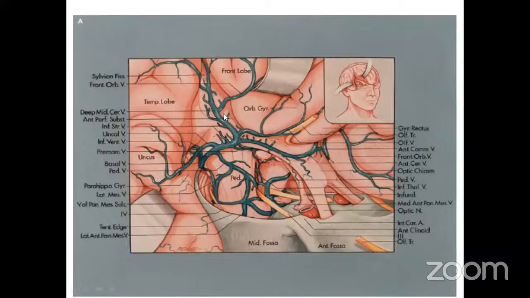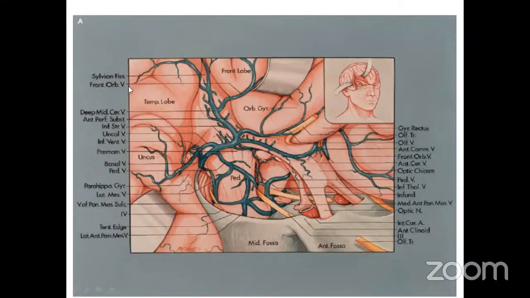Anterior cerebral vein and deep middle cerebral vein join to form the basal vein. The two anterior cerebral veins are connected with the anterior communicating vein. We can see in this diagram the anterior fossa, middle fossa, the uncus, temporal lobe, frontal lobe, occipital lobe.